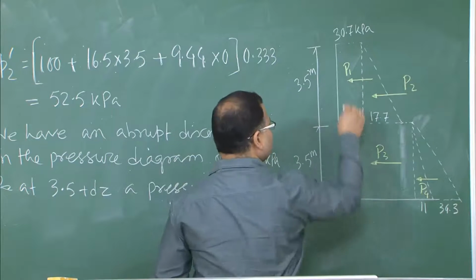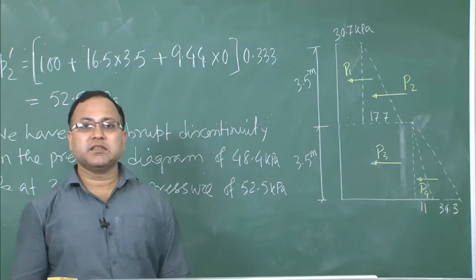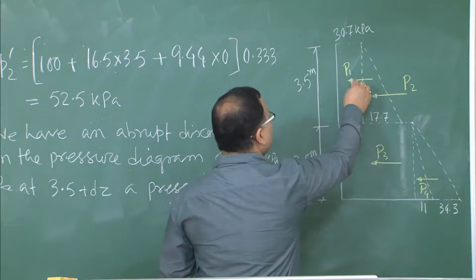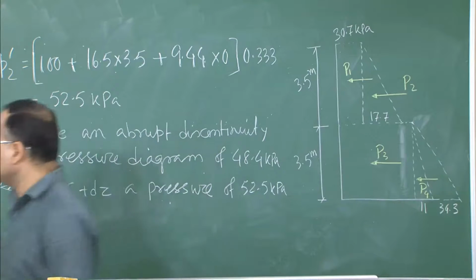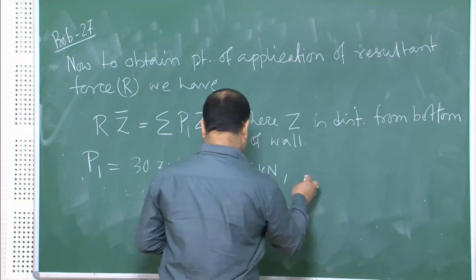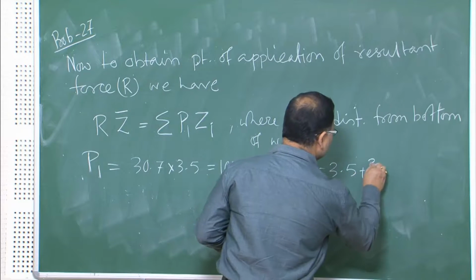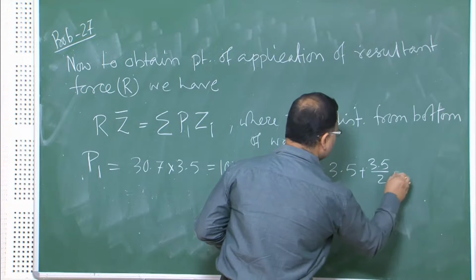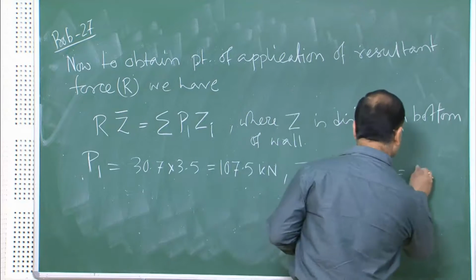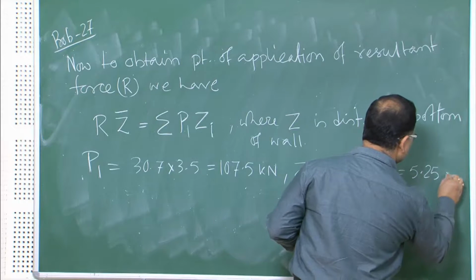So, from the base, what will be the distance? 3.5 plus 3.5 by 2. So, your capital Z1 is equal to 3.5 plus 3.5 by 2, which comes as 5.25 meter.